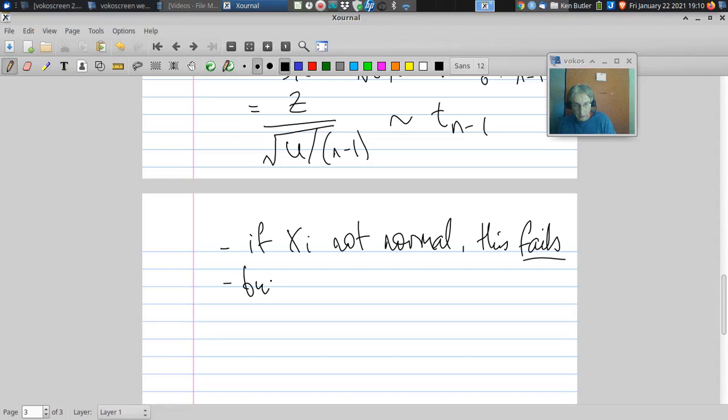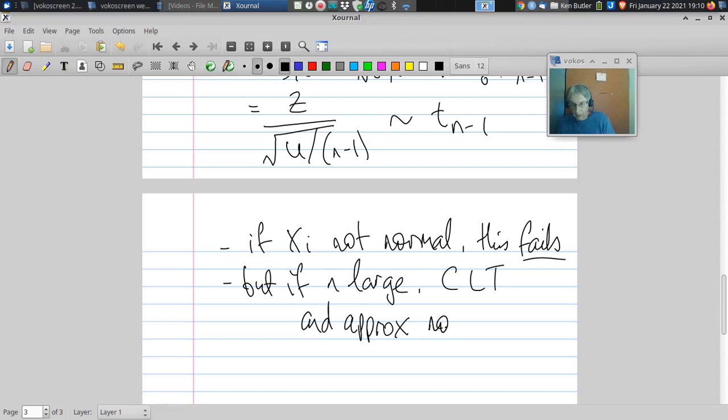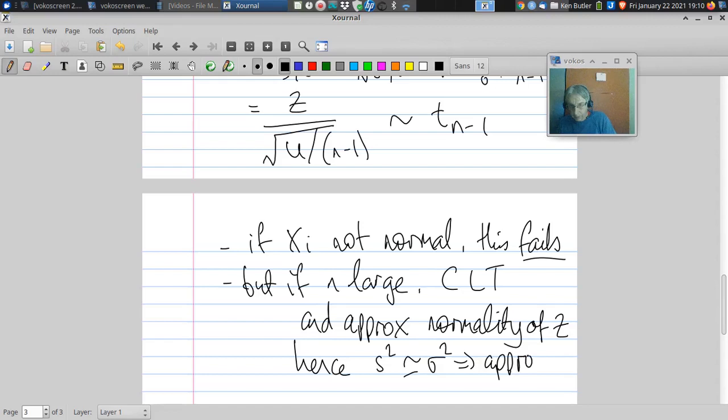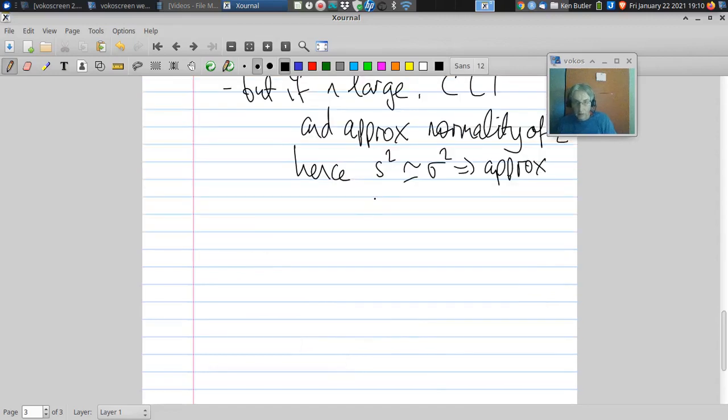But if n is large, the sample size is large, we have the central limit theorem and approximate normality of Z. Hence, S squared and sigma squared are about the same, which implies approximate normality of T as well, because a T with a large degrees of freedom is normal.